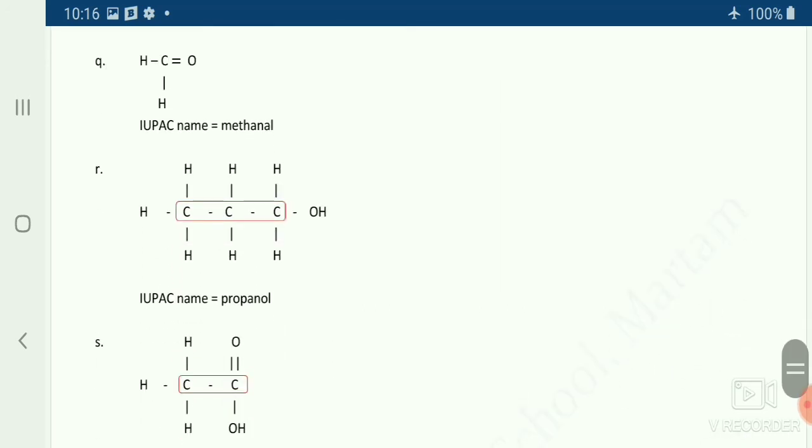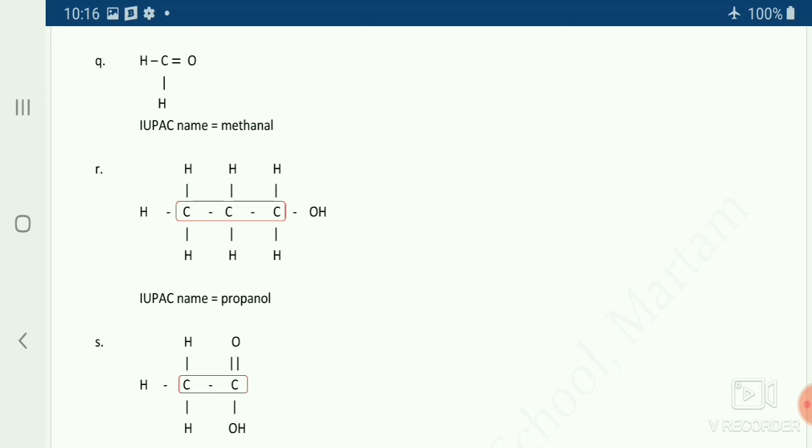Okay, so we move on to the next one, that is Q. Q is just the name of a functional group, that is methanal. 1 carbon, meth. So this is the symbol for the aldehyde group. C double bond O, single bond H, is aldehyde. And which aldehyde is this? This is methanal. So here nothing to do. Next one is again the structural formula of an alcohol group, propanol.